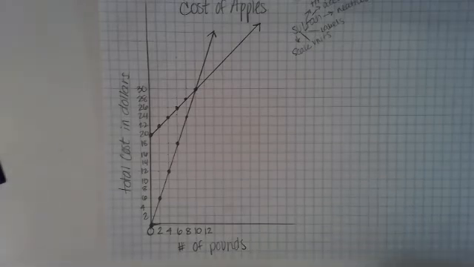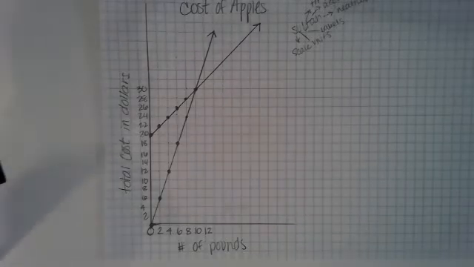we've done all the graphing and everything, so we need to determine what this graph is telling us and how to interpret the information. So at what number of pounds does it not make a difference as to which store I shop at?